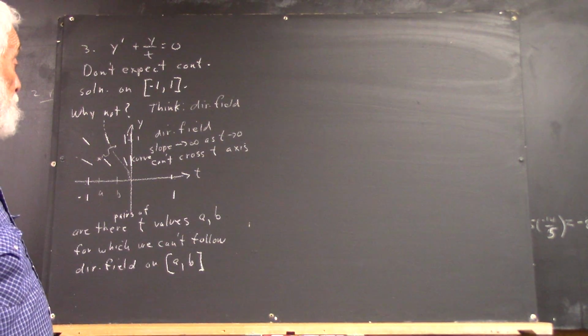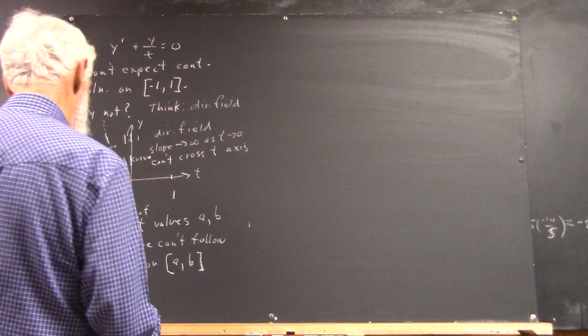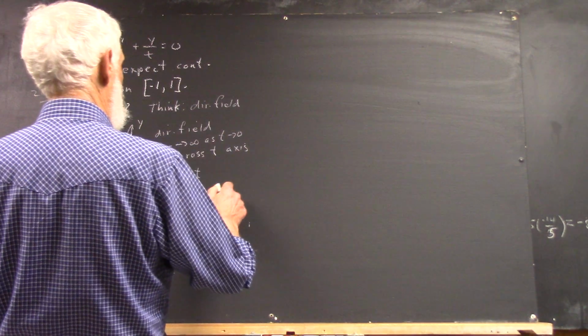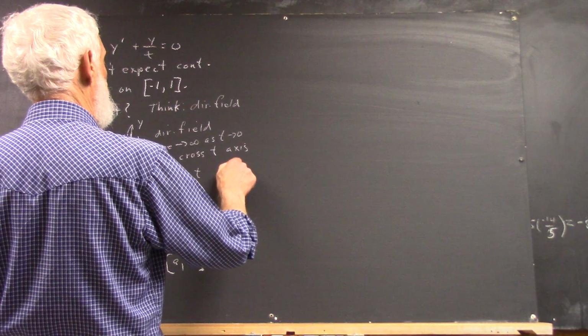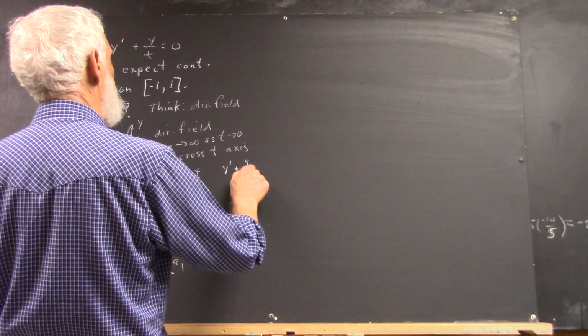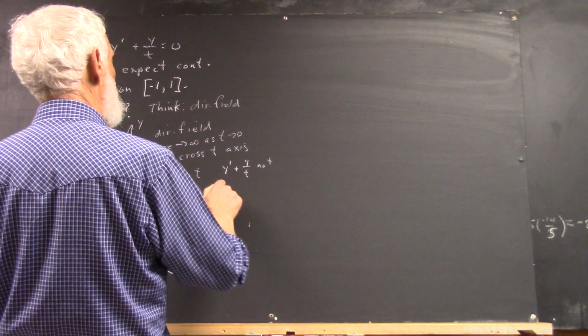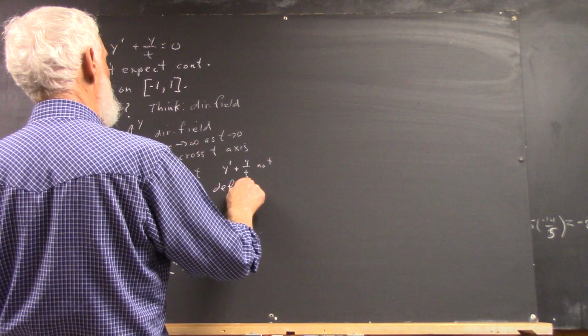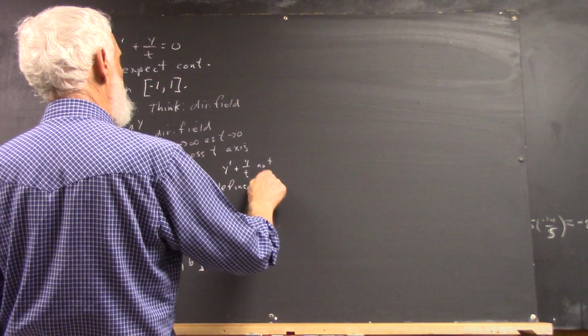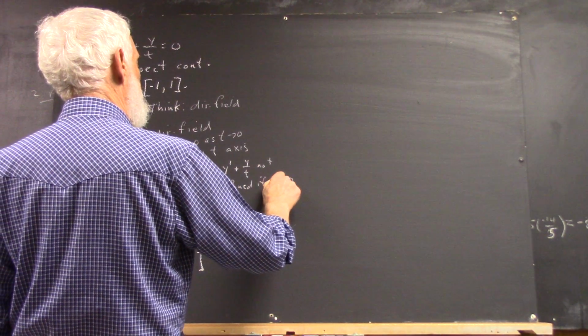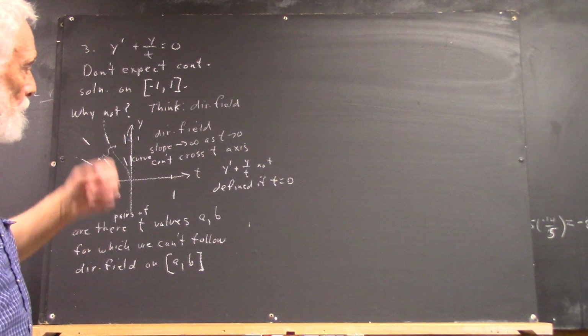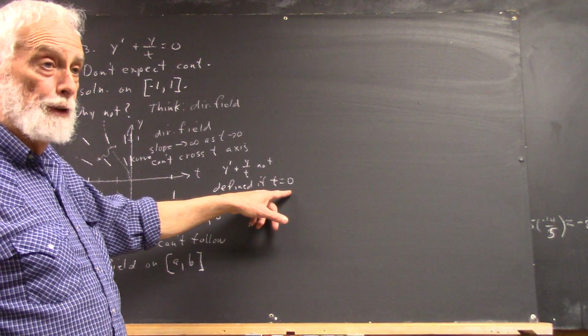Now this is related to the fact that y prime plus y over t is not defined if t equals 0.